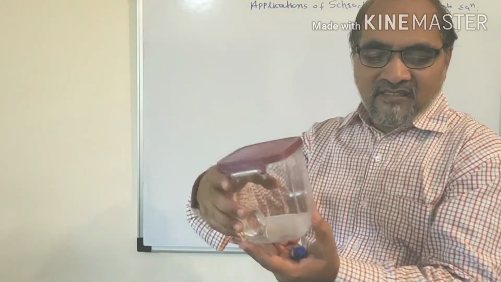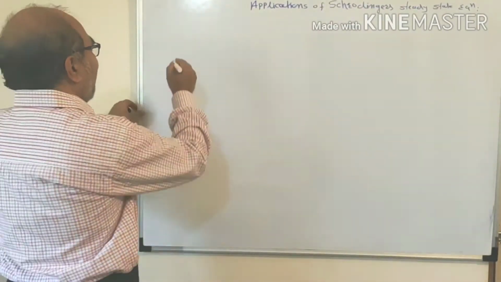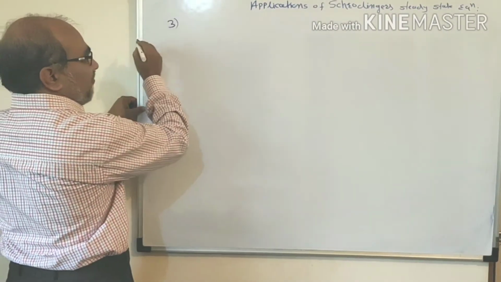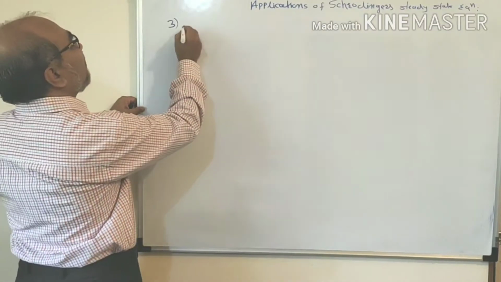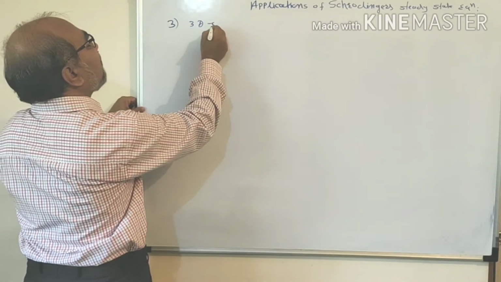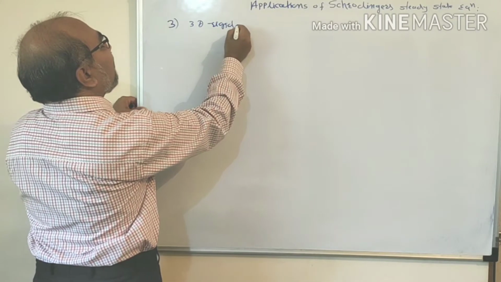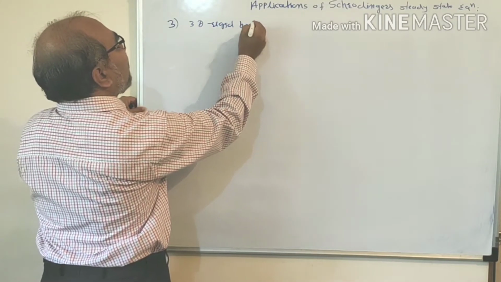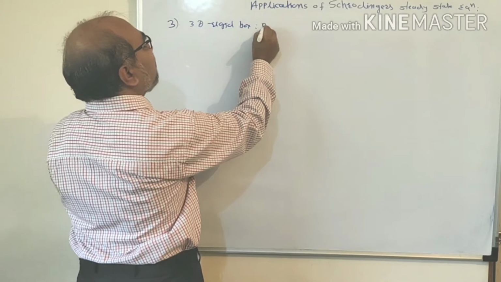Okay, and hence this third article in Schrodinger's applications is the particle in a three-dimensional rigid box.